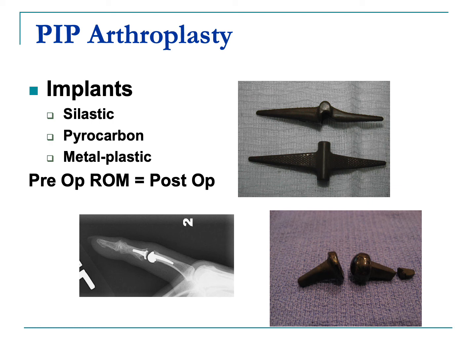Again, like the finger MP joint, most patients with PIP arthritis would prefer to preserve their mobility. The implant of choice, in my estimation, is still silastic, because pyrocarbon and the metal plastic implants have a greater tendency, as I'll show you later, to erode or to fracture.